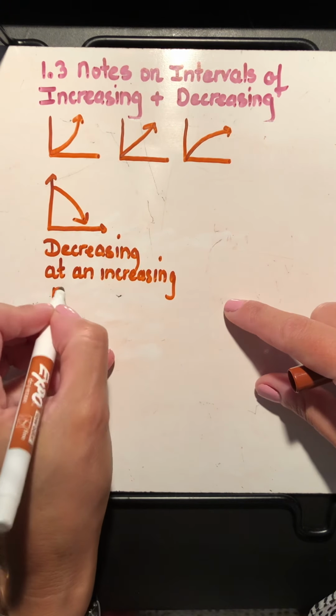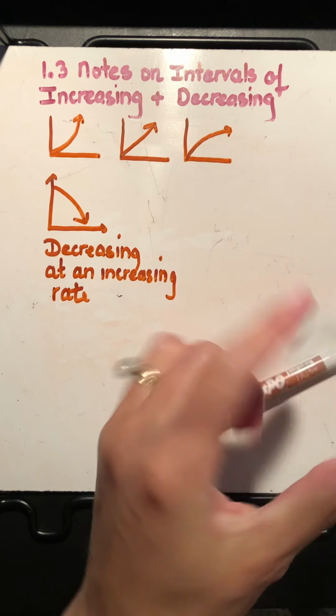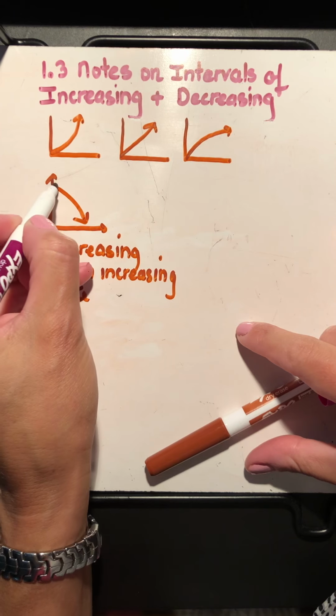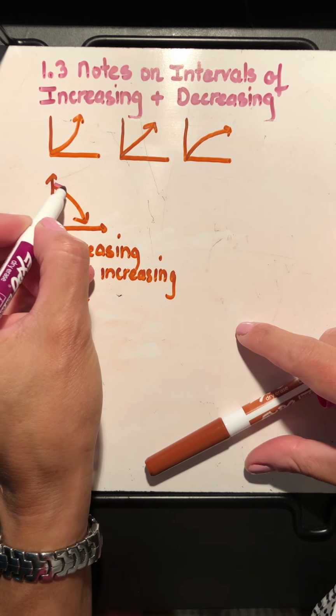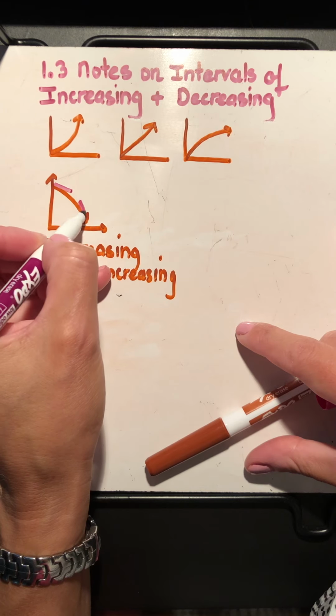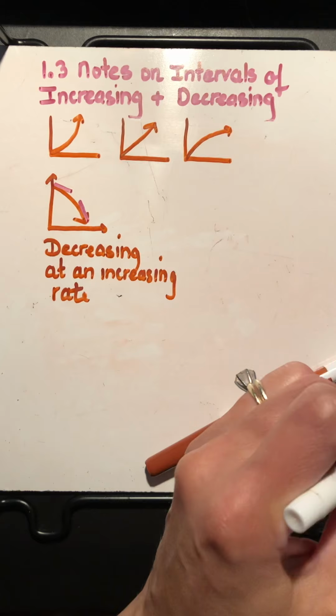And why is that? Well, if I draw little approximations to the slope, right, by using little tangent lines, the tangent line here is less steep, and as I travel down the hill, it becomes more and more steep. So I am decreasing at an increasing rate.